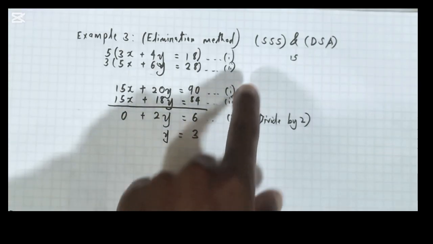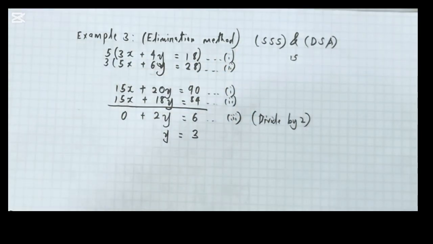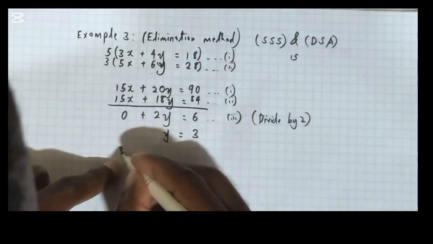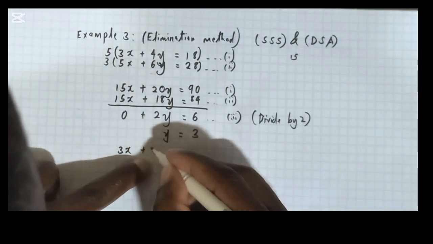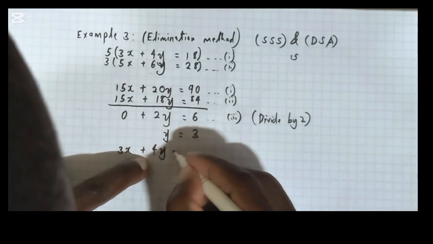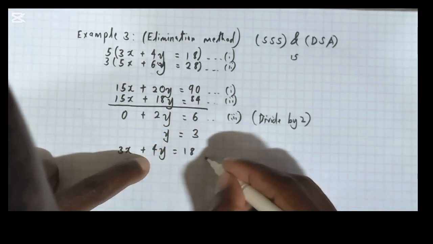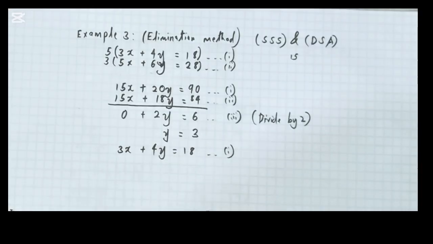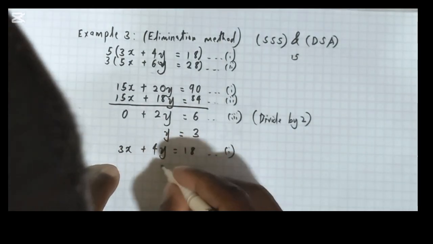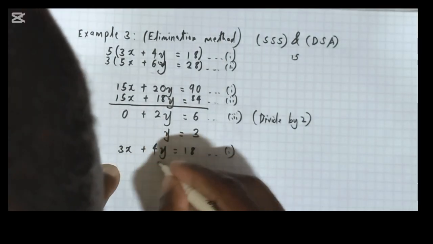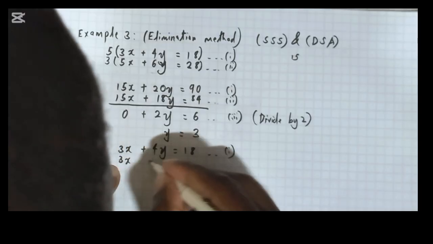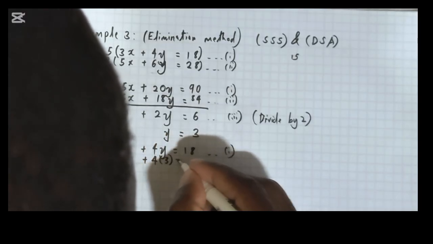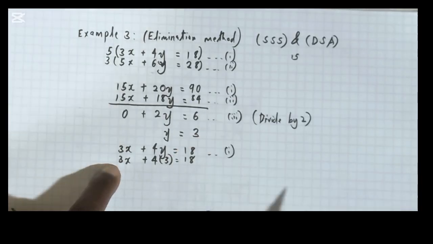So we're going to pick either equation 1 or 2 to solve for the value of x. I'm going to go with equation 1. Equation 1 was 3x plus 4y being equal to 18, and we already know the value of y is 3. So basically this is going to be 3x plus 4 times 3 being equal to 18.